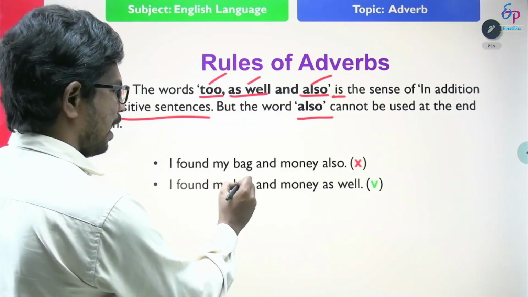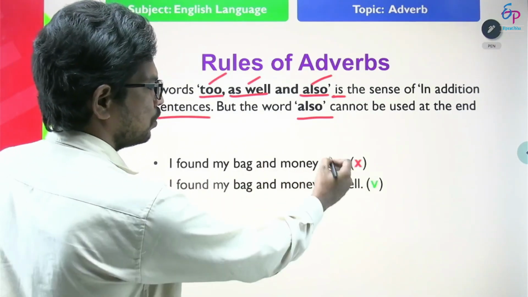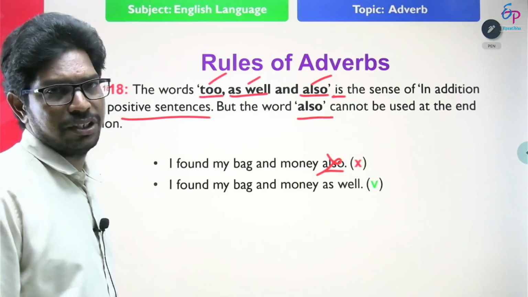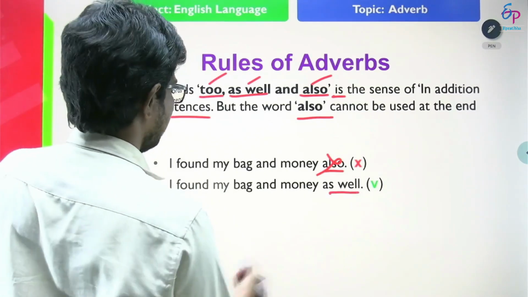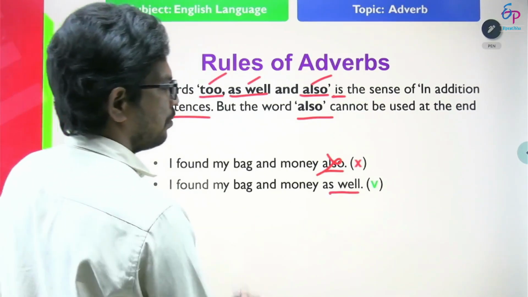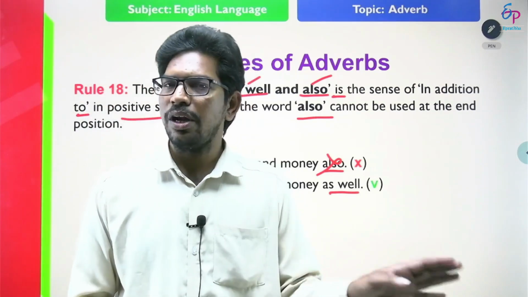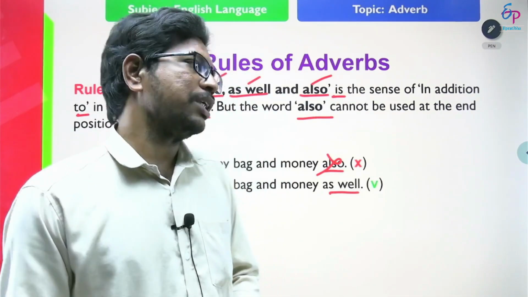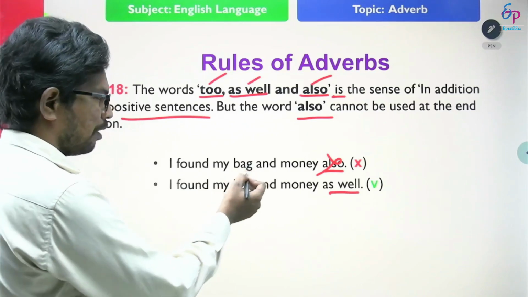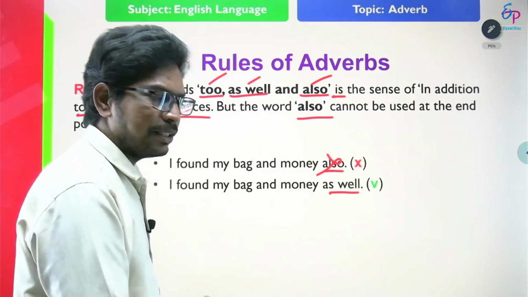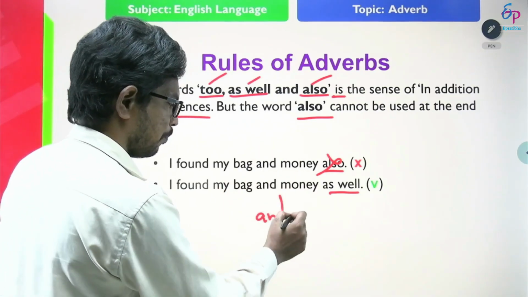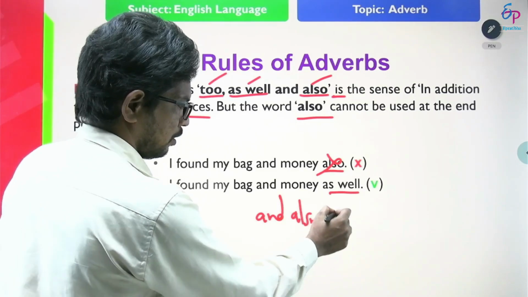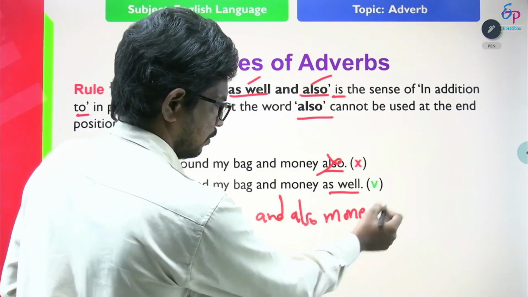I found my bag and money also. Also cannot be used at the end of the sentence. We use as well. So I found my bag and money as well. We can also say, I found my bag and also money. Correct.